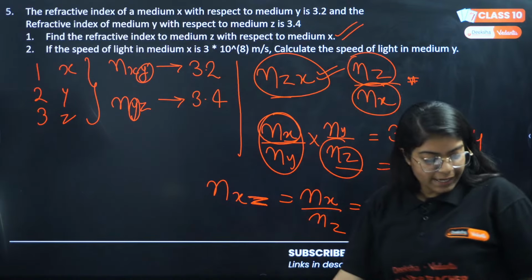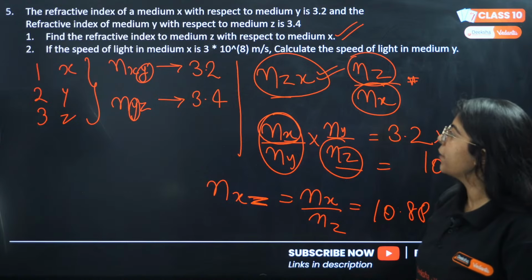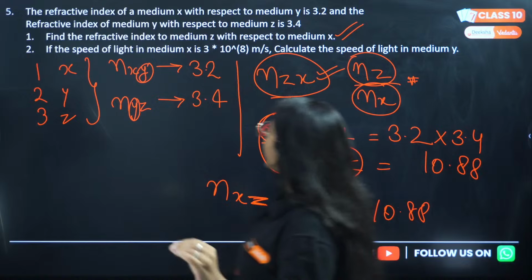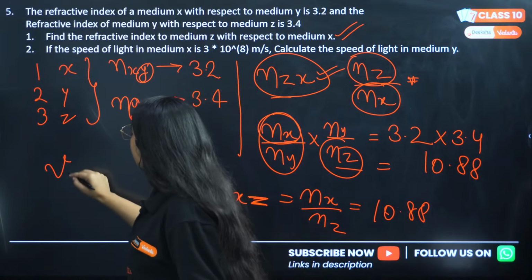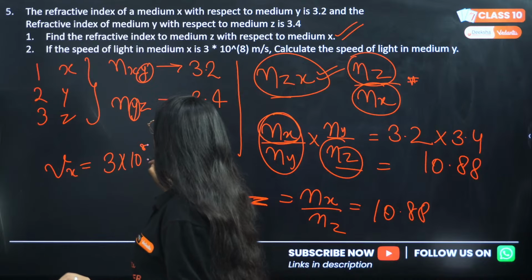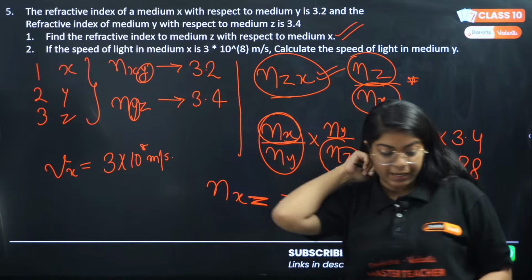Let's move on to the second part. If the speed of light in medium x, read it carefully, that is Vx, is 3 into 10 raised to power 8 meter per second, then what will be the speed of light in medium y?